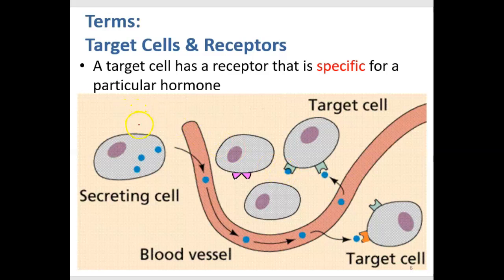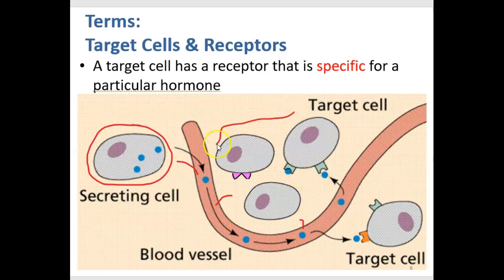So this picture shows an endocrine cell as the secreting cell, secreting the blue hormone into the bloodstream. Because the blood goes throughout the entire body, this hormone can exit at various spots throughout your body, and therefore many cells are exposed to the hormone.